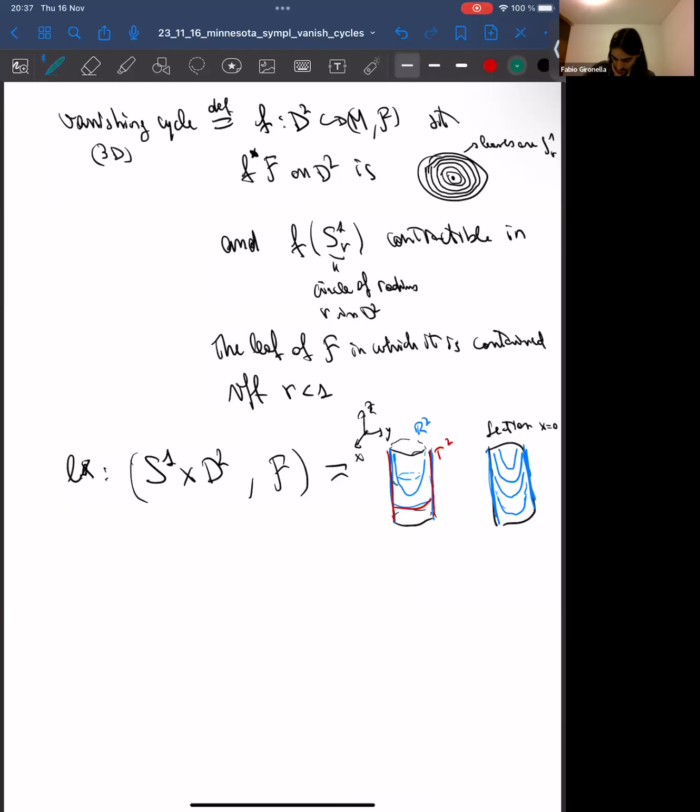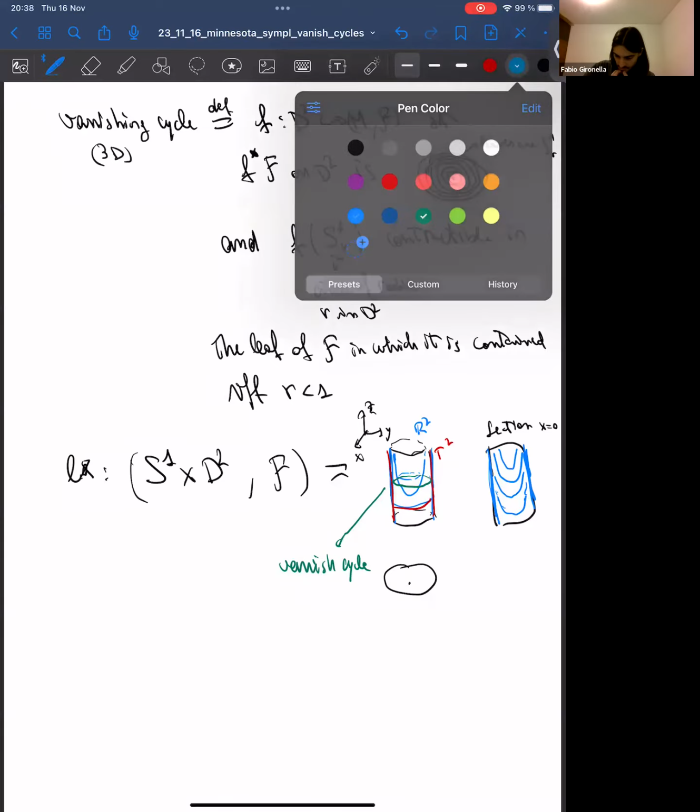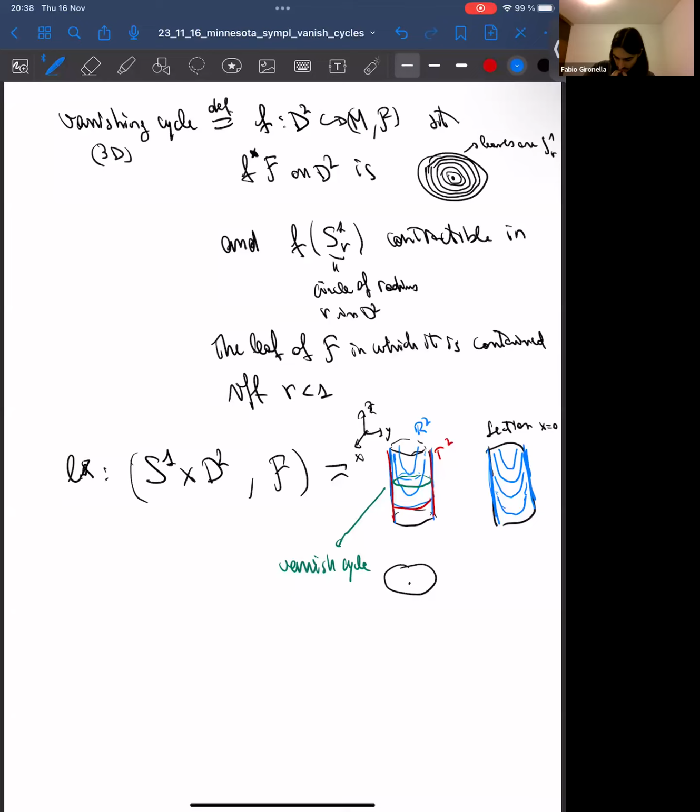So if we just look at this disk, for example, this transverse disk, this is a vanishing cycle. Because the foliation is exactly given by concentric circles. I mean, here you have to imagine that all the leaves are like this.